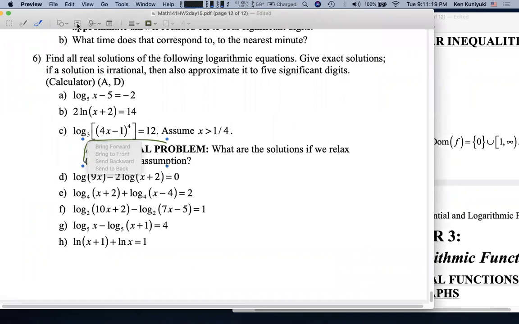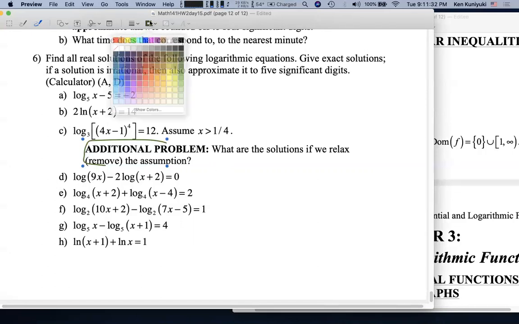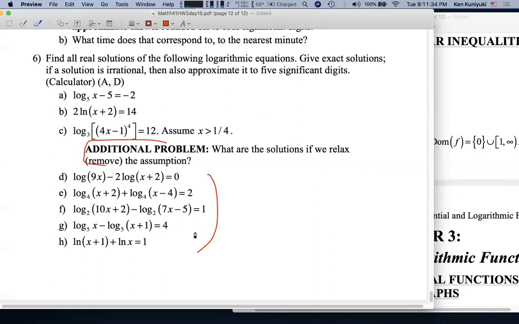These are required. I better warn people of that next time, and we'll work it in class next time if necessary. So sorry, folks, if you didn't realize that, but these are required. Normally, the additional problems are optional, but my additional problem here is only that blurb. This whole thing is required. I want you to do this. Sorry, that's going to be some work, if you didn't know that.